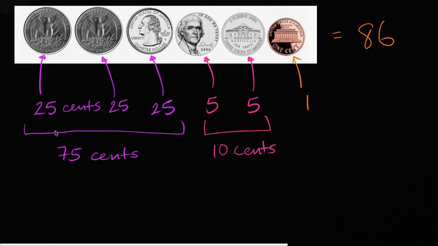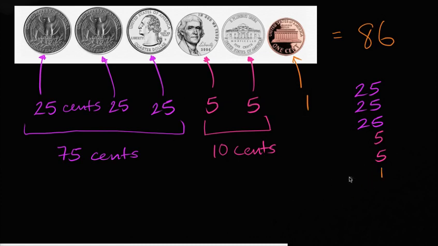And if it felt a little bit too fast to count up 25, 50, 75 in your head, you could also add them up. 25, 25, 25, plus 5, and another 5, plus 1, plus 1.